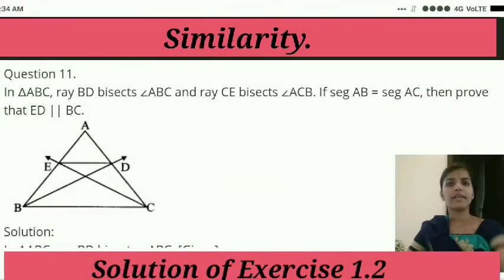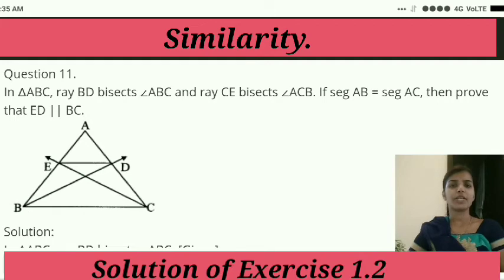In triangle ABC, ray BD bisect angle ABC, ray CE bisect angle ACB. If segment AB is equals to segment AC, then prove ED is parallel to BC. Okay. So here we have to use two times angle bisector theorem in one triangle.